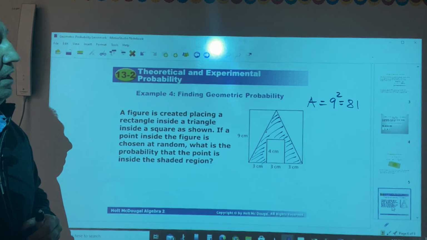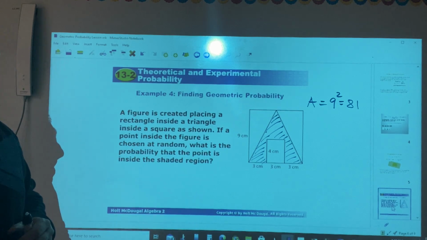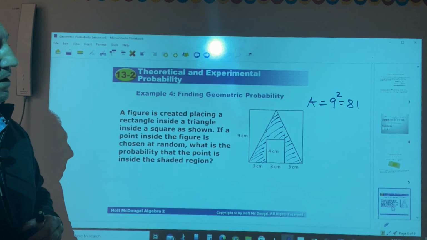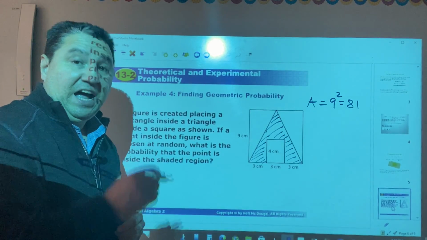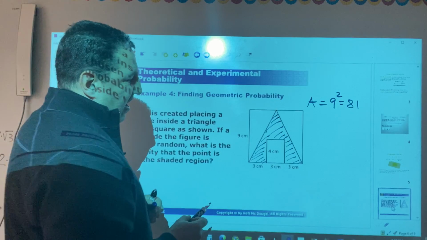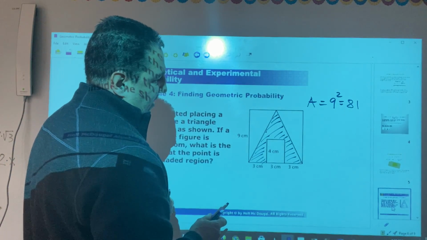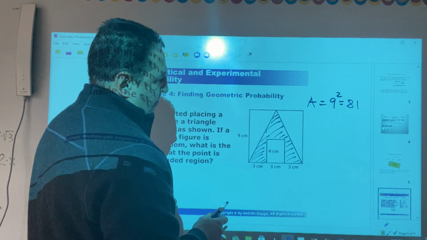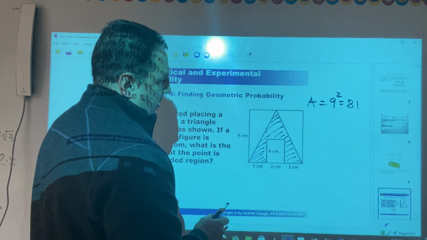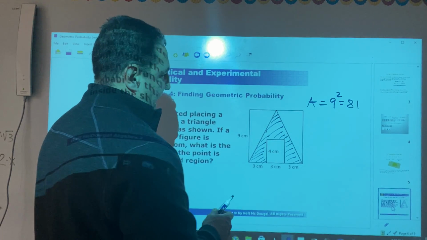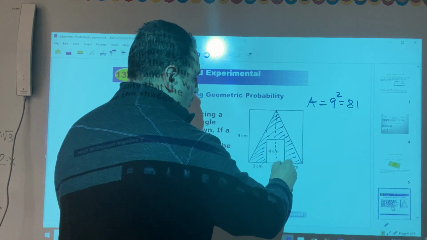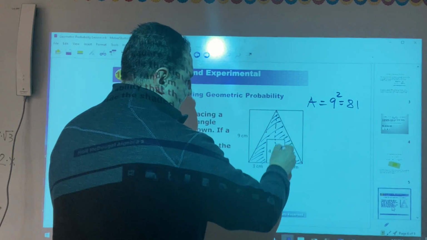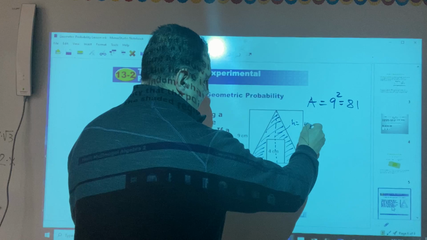Then we find the area of the triangle. As we can see, the area of the triangle is base times height over 2. The height of the triangle is 9.